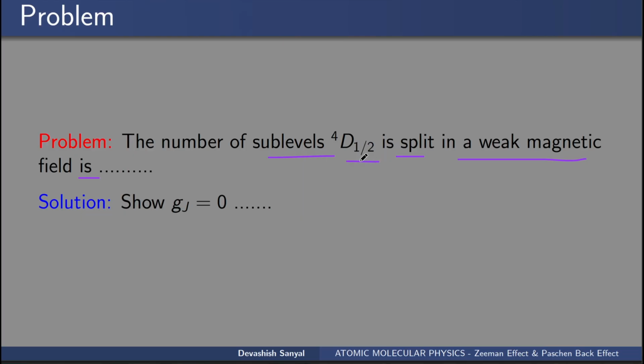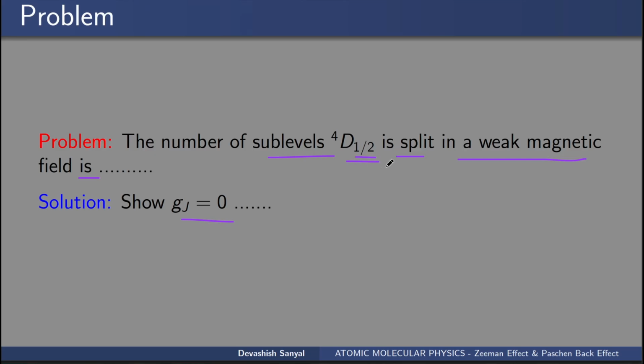You might be tempted to think it's the anomalous Zeeman effect, so with this value of J it will be split according to the Z component of J, so there will be 2 components. But if you calculate the Lande factor, you convince yourself it actually turns out to be 0. So actually there will be no splitting.